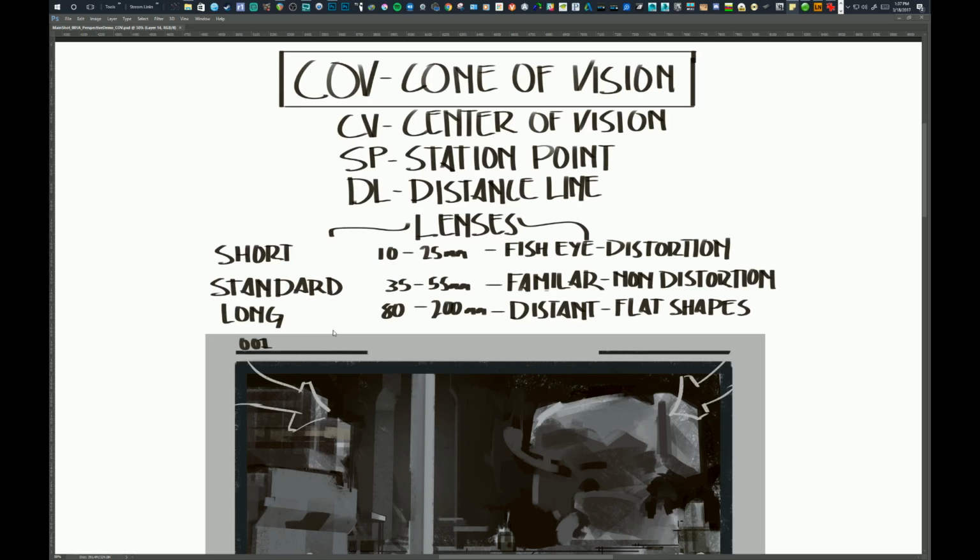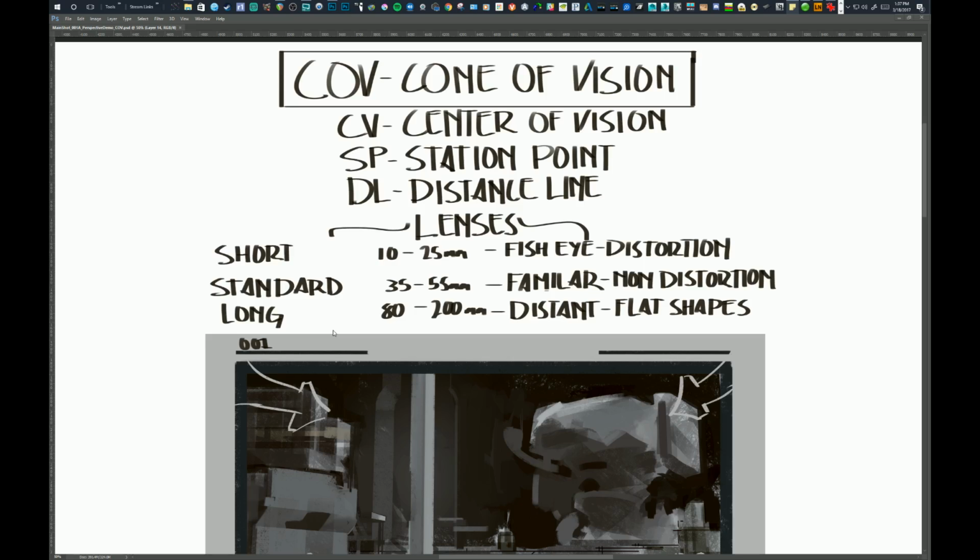So with that said, I'm jumping back and forth a little bit here, but I could also not just technically create a cone of vision to determine perspective, but there are ways around technically creating a perspective grid that still somewhat accurately will portray the depth correctly, and the cone of vision will still be useful.